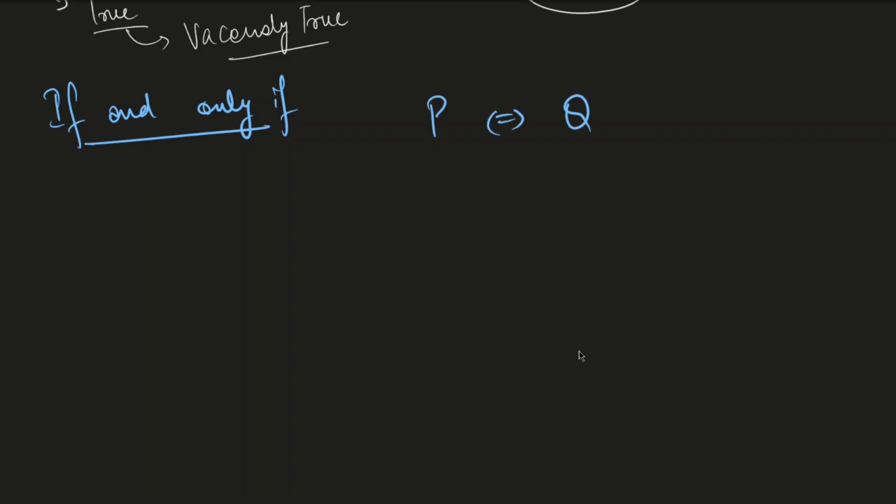It is P double implication Q: if and only if P, then Q happens. This is nothing but saying that P implies Q and Q implies P as well, because there's a reverse implication too.